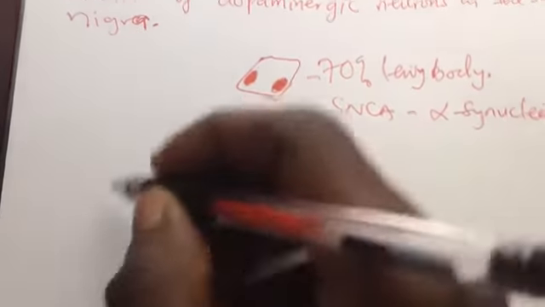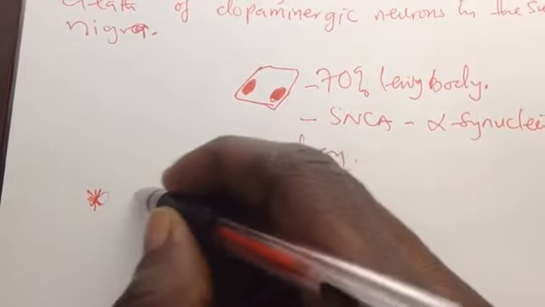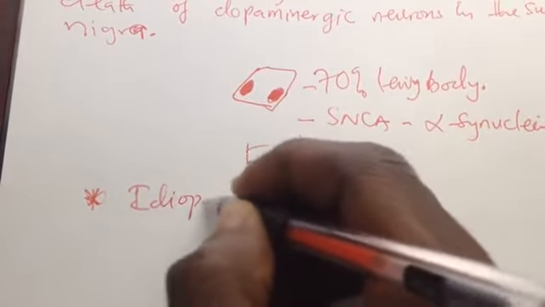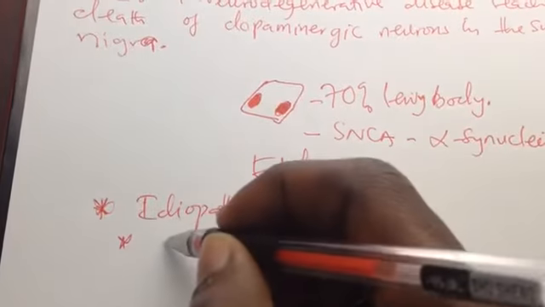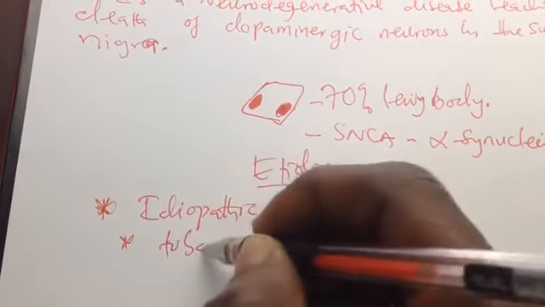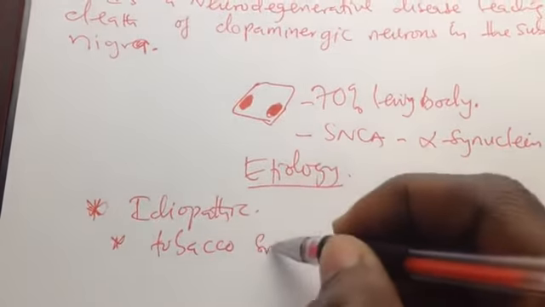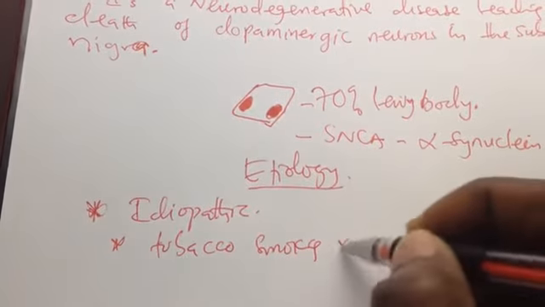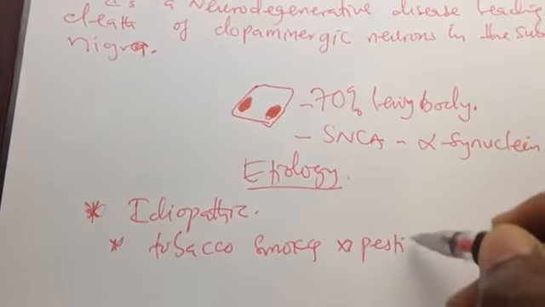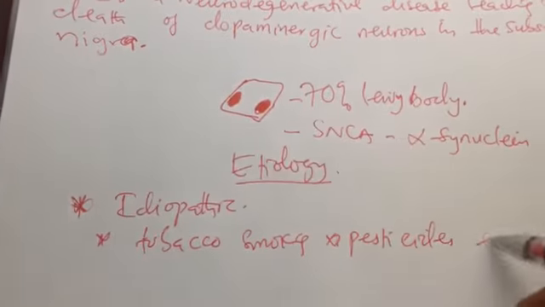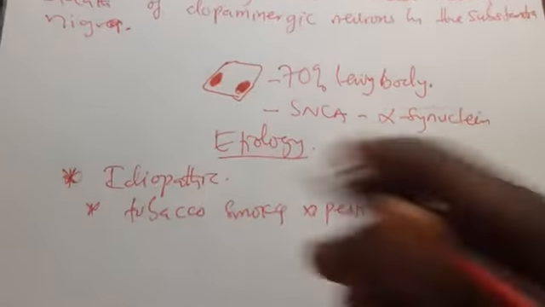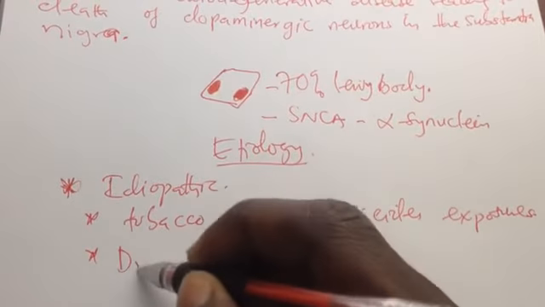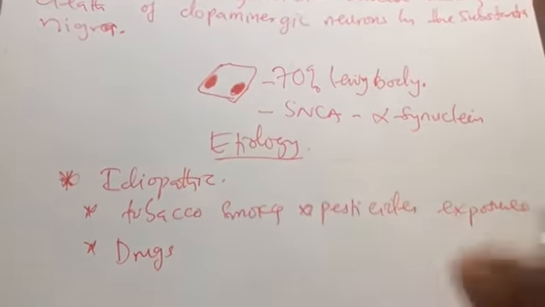Etiology. In most cases, the etiology is idiopathic. We don't know what causes this Parkinson disease, but there are some risk factors like tobacco smoking and pesticide exposure, that's chemical. There are also some drugs that cause Parkinson's-like symptoms called Parkinsonism.